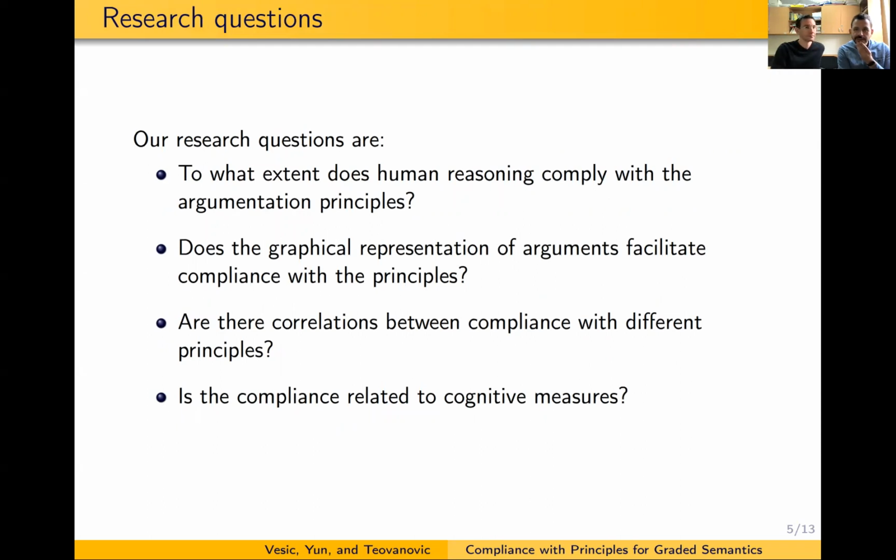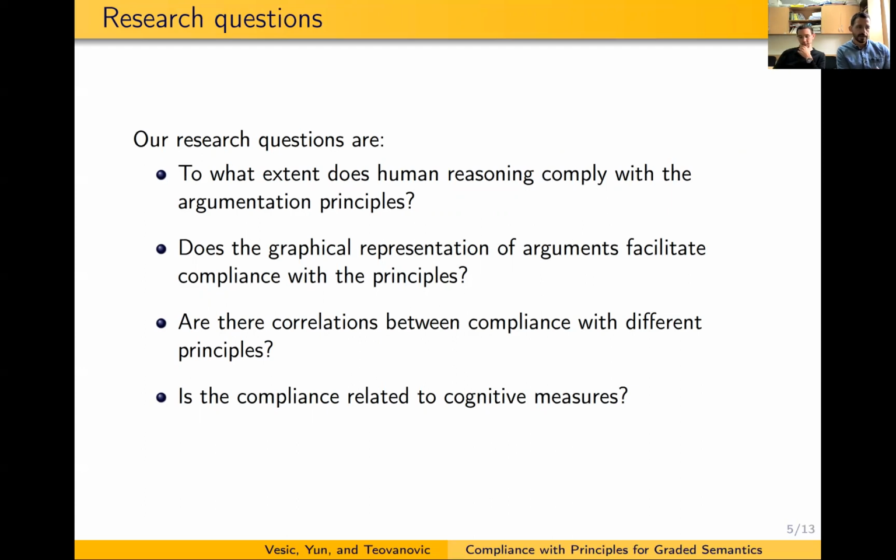We wanted to examine several things here. When we were talking about our study, we wanted first to see if people actually comply with those principles, which are relatively abstract. But our central question was whether graphical representation of arguments is going to enhance people's performance on these tasks.